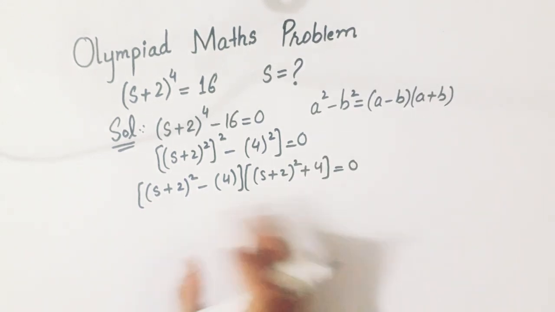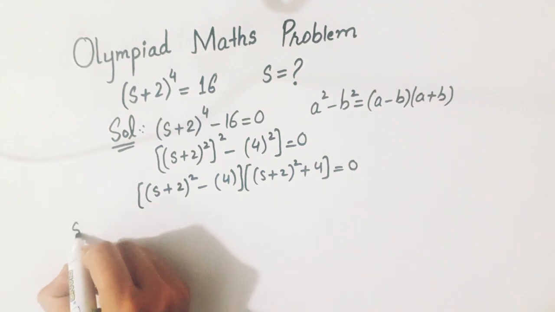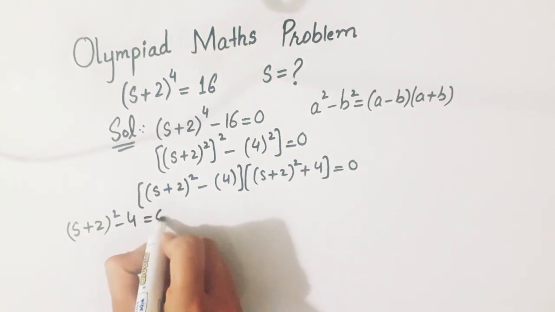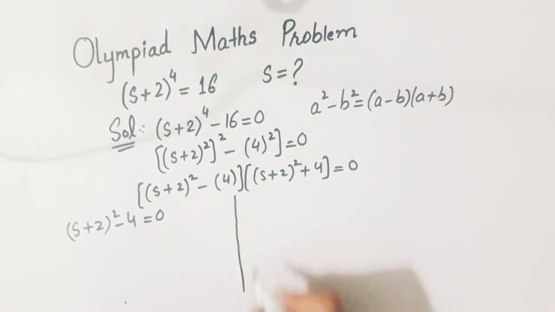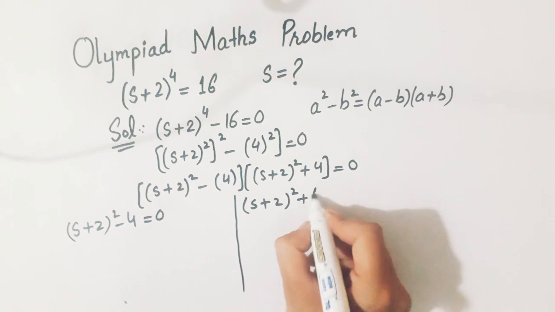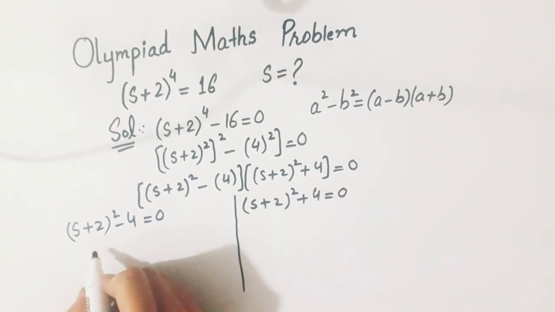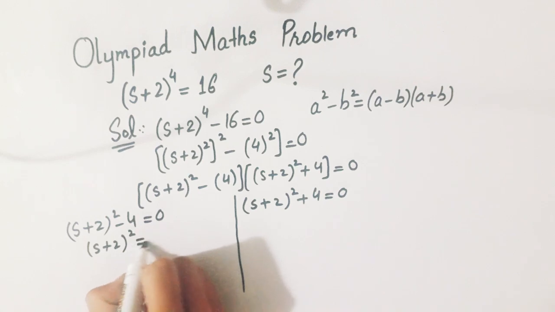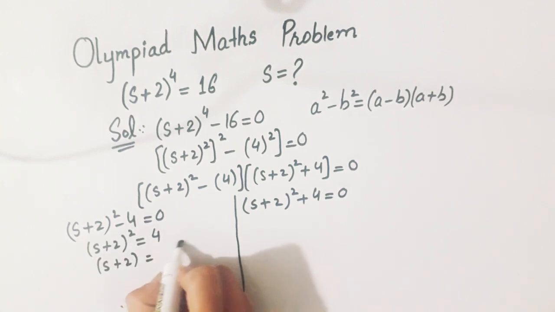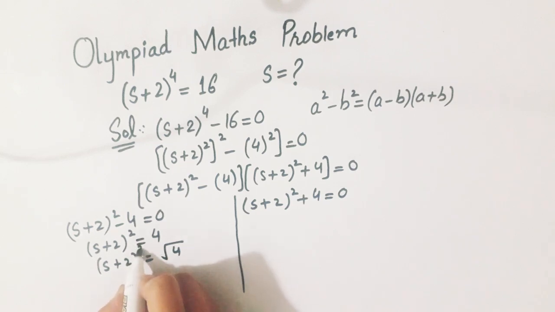It means there are two possibilities. First of all we will solve (s plus 2) whole square minus 4 equals 0, and the other one is (s plus 2) whole square plus 4 equals 0. Now solve this, we will get (s plus 2) whole square equals 4, s plus 2 equals root of 4 by taking the root on both sides.